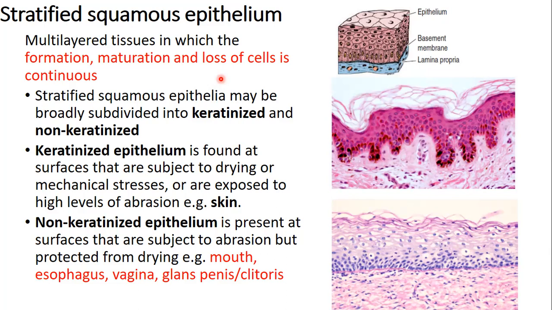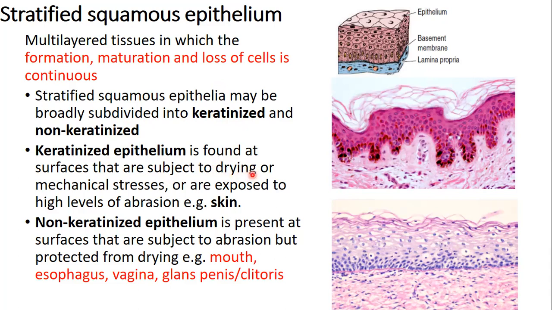Now, of importance note is that stratified squamous epithelium is of two types. There's keratinized and non-keratinized. What do we mean by keratinized? Keratinized stratified squamous epithelium, apart from being found in areas where there is mechanical stress, is also found in areas where there is potential drying.